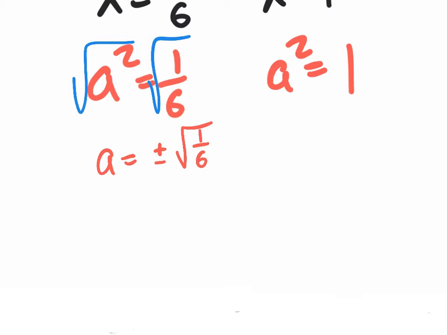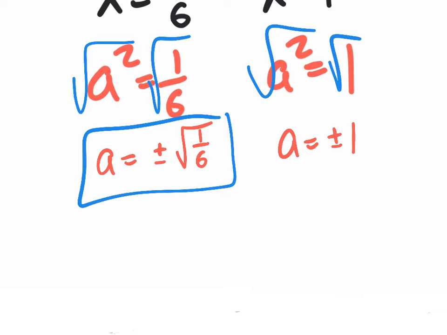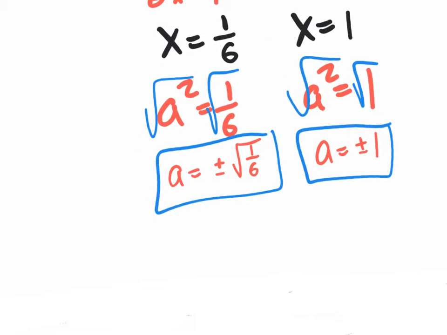And the other one, when you take the square root, you get a equals plus or minus 1. So you get two answers here that are irrational. There are some crazy decimals, and you get two answers there, nice numbers, a positive 1 and a negative 1.